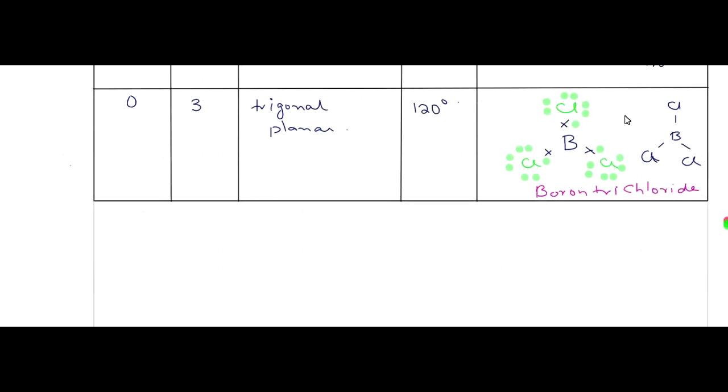The next option that we can have is a molecule that has 4 bonded pairs of electrons and no lone pairs.